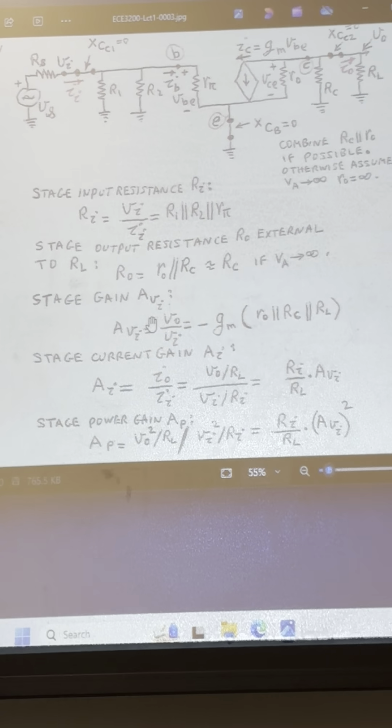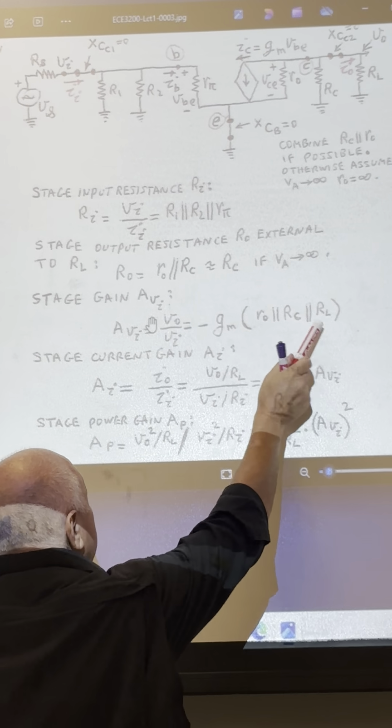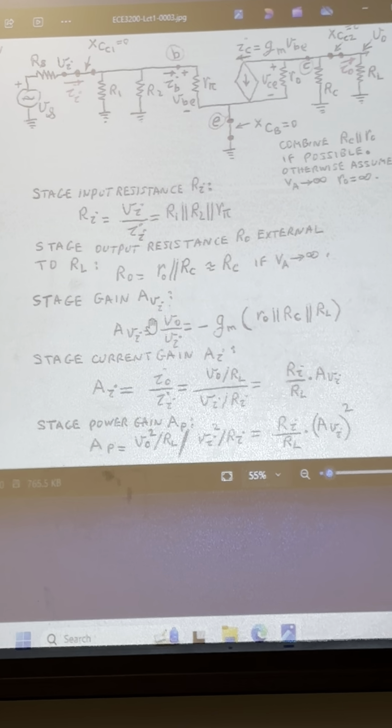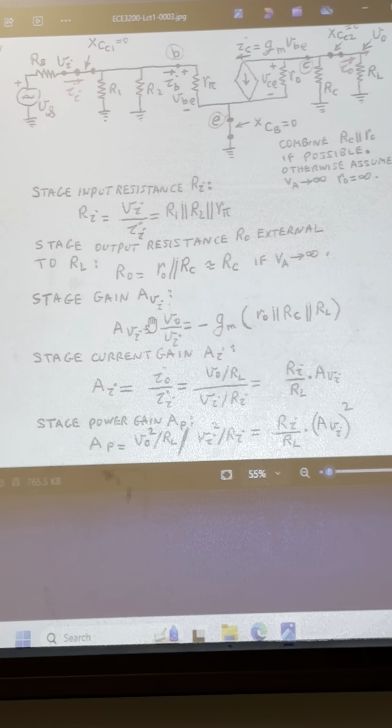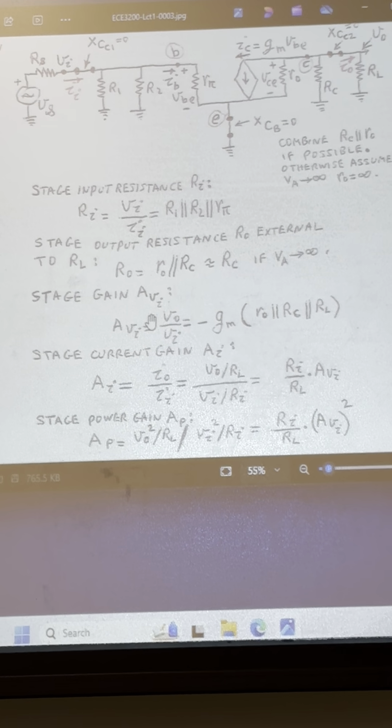That's the loaded voltage gain, the voltage gain with RL counted into it. That's known as the power gain. It doesn't have a unit. Neither power gain nor voltage gain has any units.